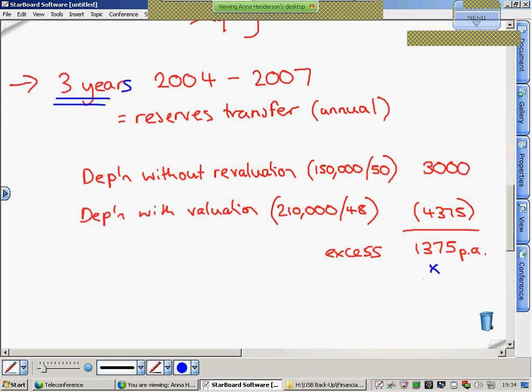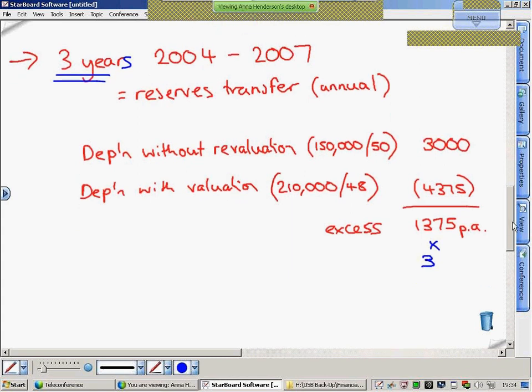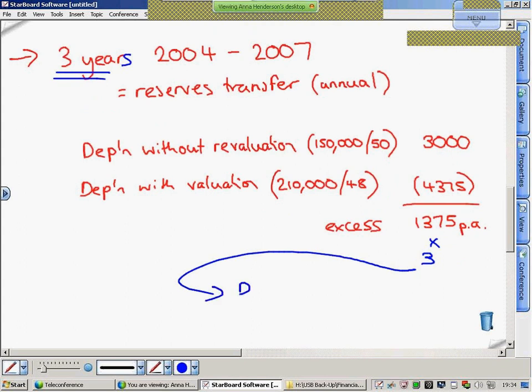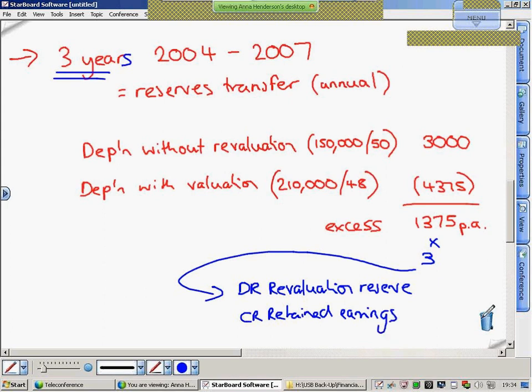So we multiply that by 3, debiting the revaluation reserve, crediting retained earnings, 1,375 times 3, so 4,125.